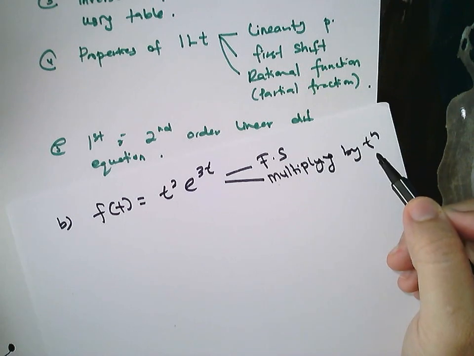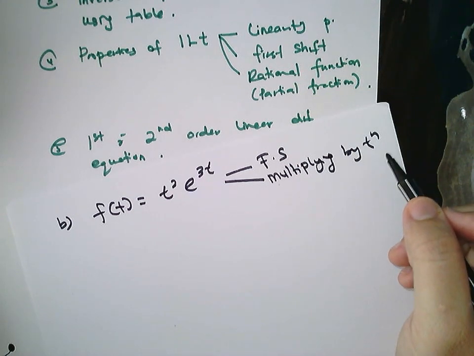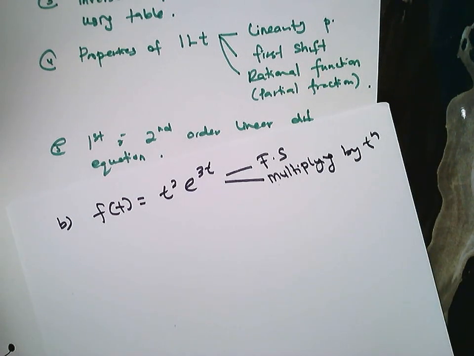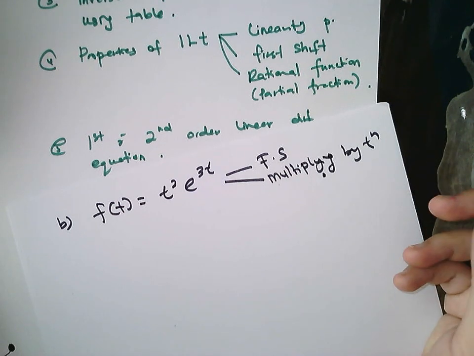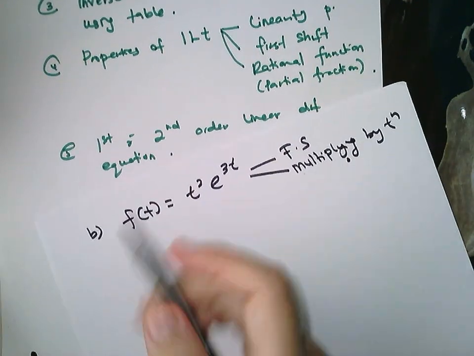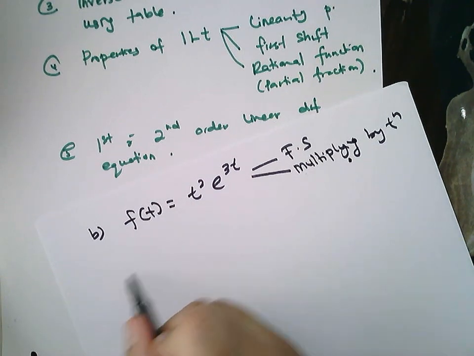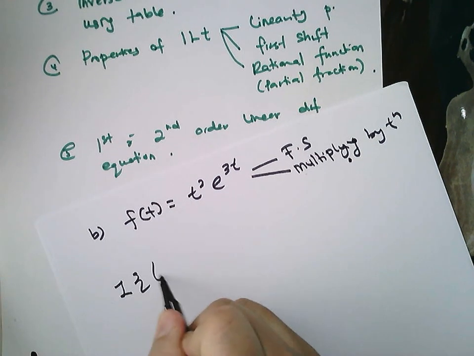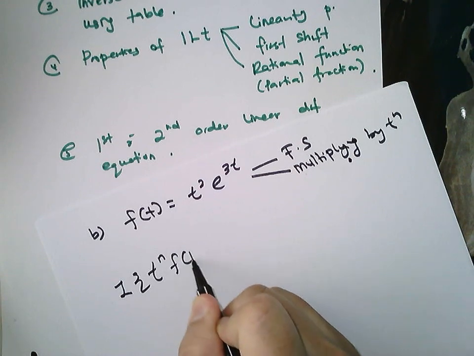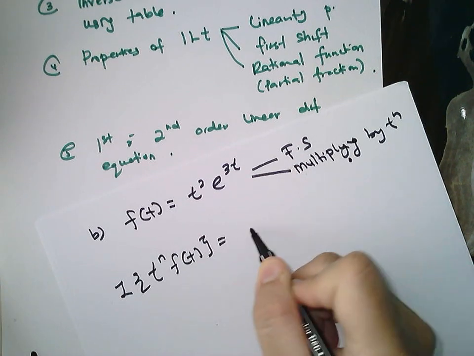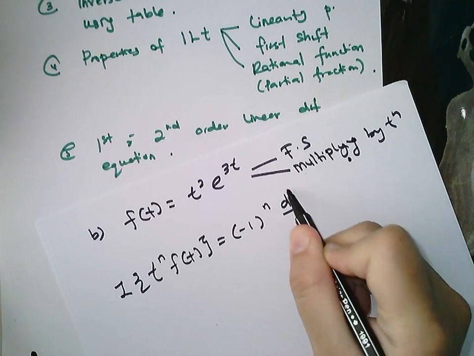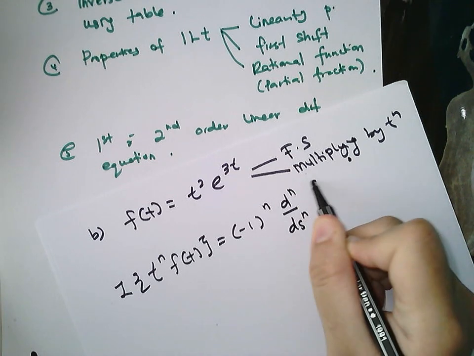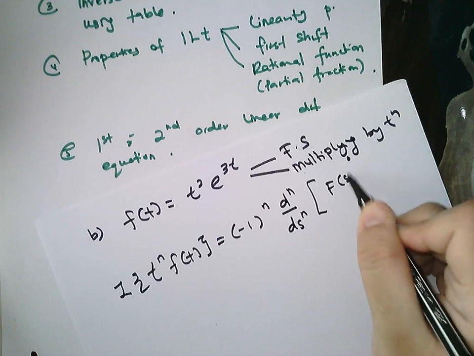But since I am now explaining this topic, I will apply the multiplying by t^n function. Comparing this one to the general formula, the Laplace of t^n f(t) is equal to (-1)^n d^n/ds^n of F(s).